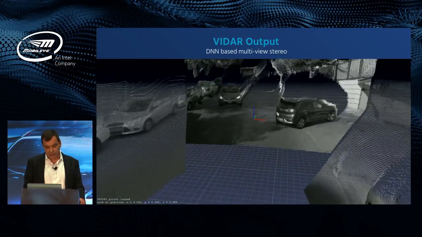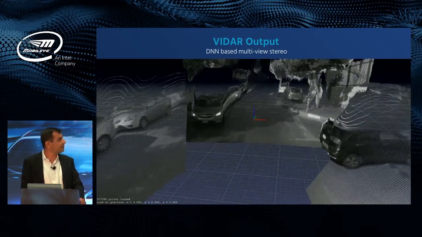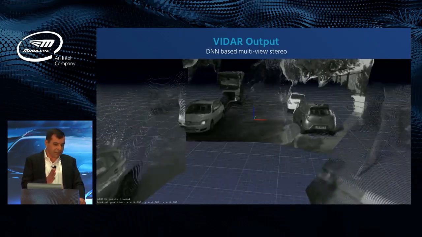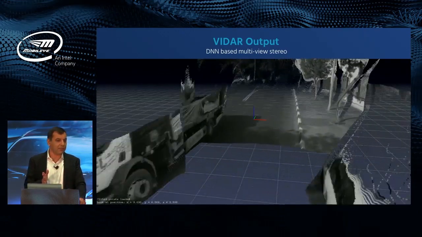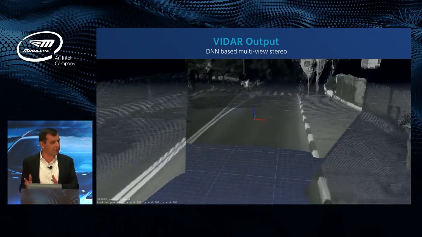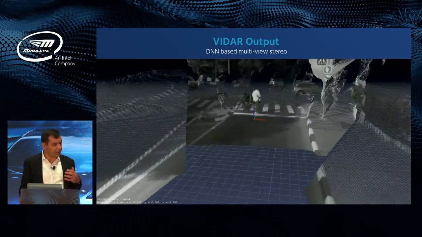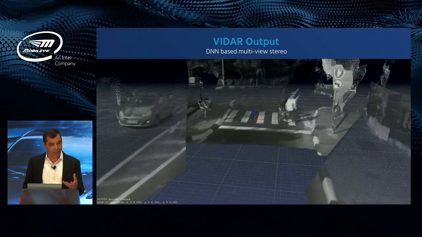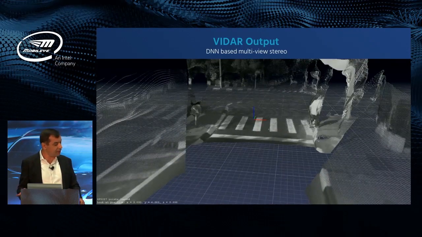Here's another clip while we're moving. So again, this is now a separate engine. It's not combined with all the other engines that I mentioned before. It's a separate engine that can be used for detecting objects and also measuring range to those objects.